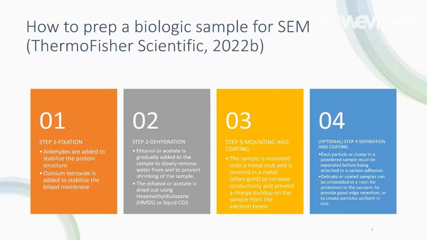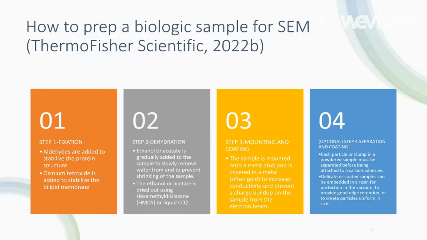Then the ethanol or acetate has to be dried out, and that can be done using just an air dry process or using hexamethyldisilazane or liquid carbon dioxide.